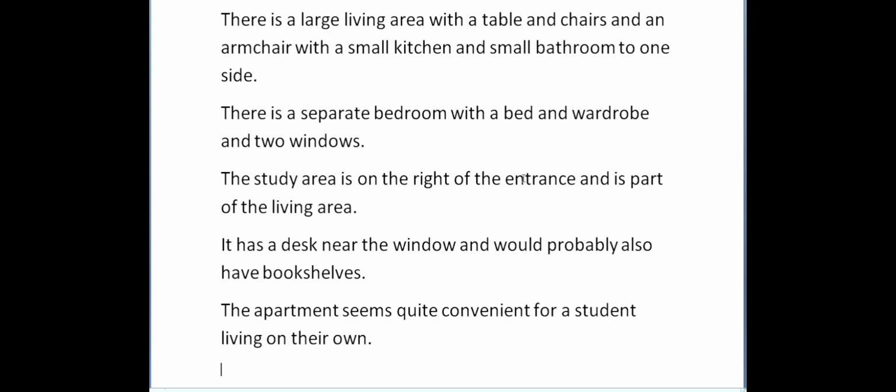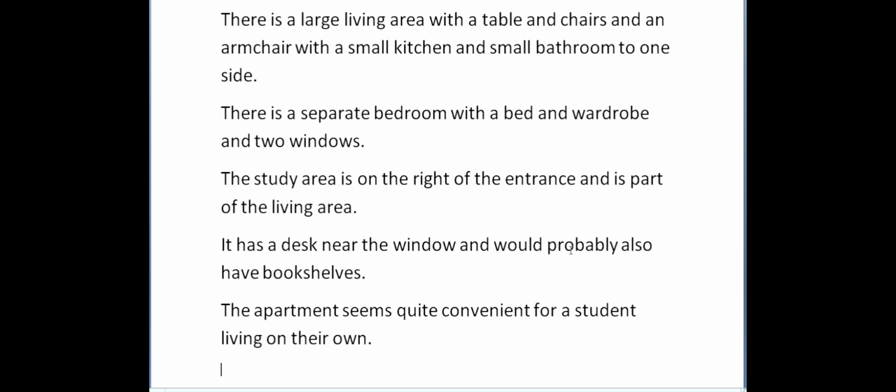Moving further, the study area is on the right of the entrance and is part of the living area. It has a desk. There is a desk. So instead of using the phrase there is, which is overly used also, here we go with a pronoun, which is it has a desk. Where is the desk?